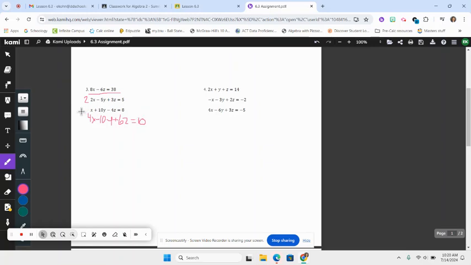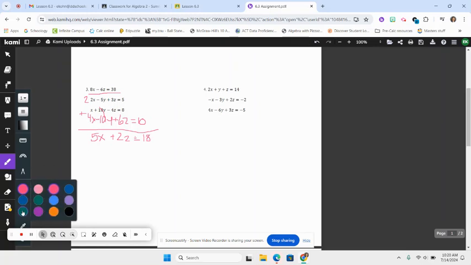And now I'm going to add it to this third equation because that will eliminate my y's, because 10y plus negative 10y is nothing. So then I have 5x plus 2z equals 8 plus 10 is 18.